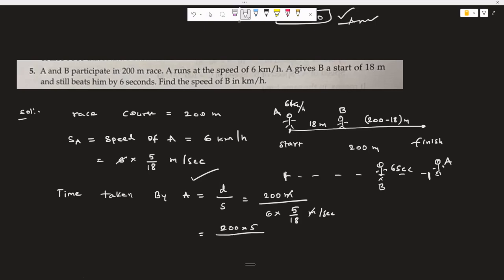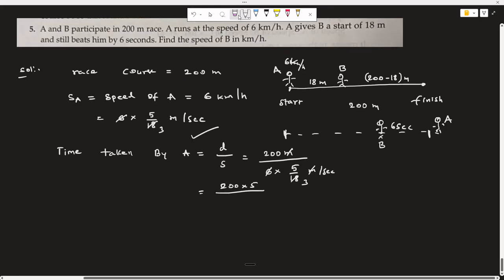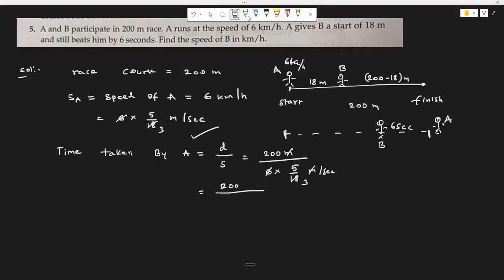Of course, you can cancel 3 times here, so 5 by 3 in the numerator, and 5 cancels in 200, 40 times. So 40 into 3 seconds. That means 120 seconds was taken by A.